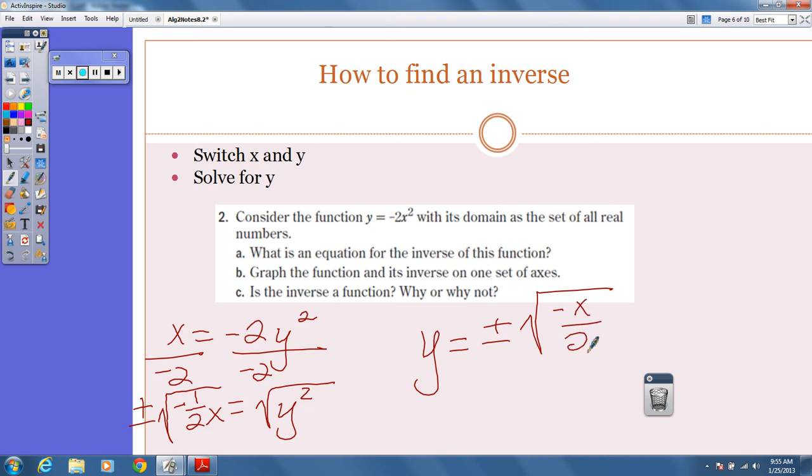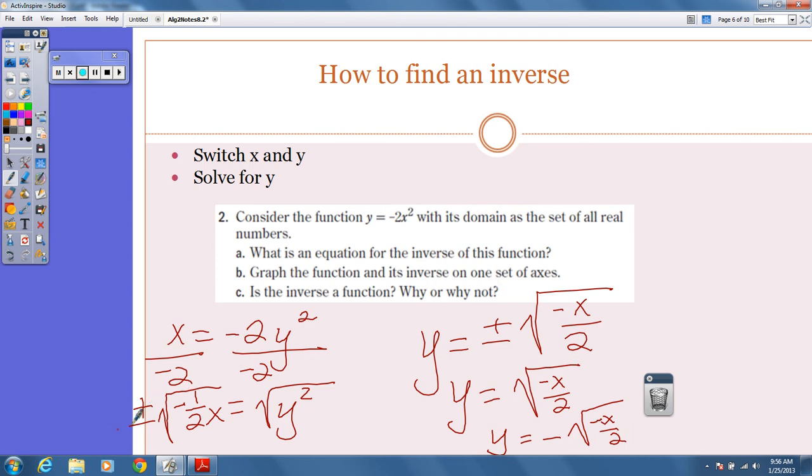How do I type that into my graphing calculator? You have to do it as two separate equations. You can't do this plus or minus thing. So we put y equals square root, parentheses, negative x over 2, and you would graph that. And then y equals, throw the negative in front, square root, negative x over 2.